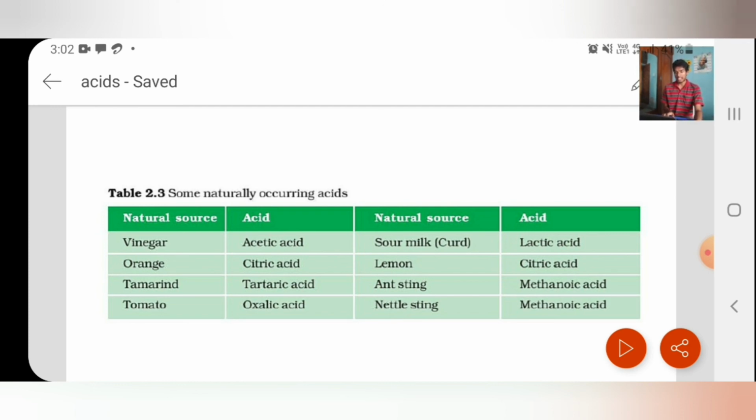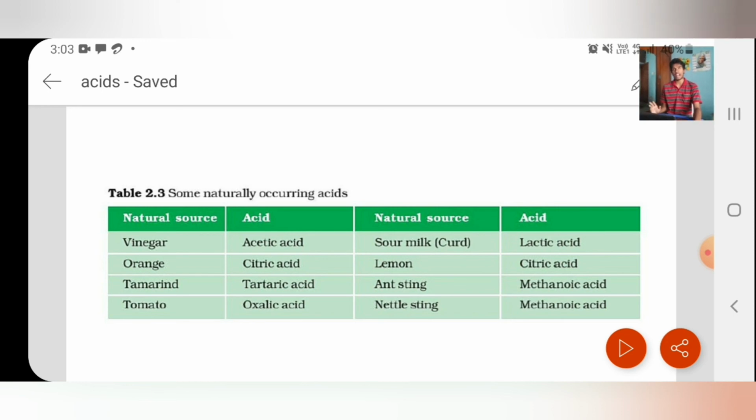And we can find acids in sour milk, which is basically curd, and which contains lactic acid, and as I said, lemon also contains citric acid in it. And bee stings contain methanoic acid, and nettle sting also contains methanoic acid. So these are some naturally occurring acids.